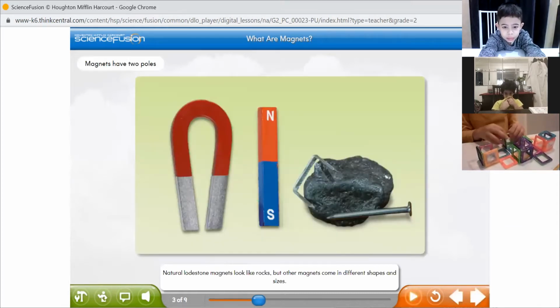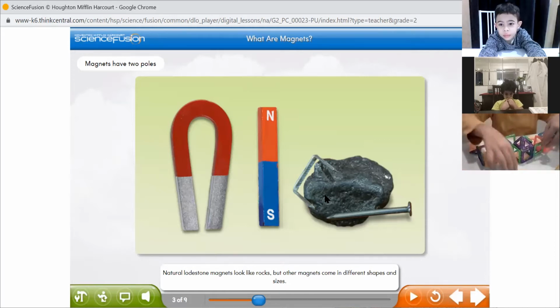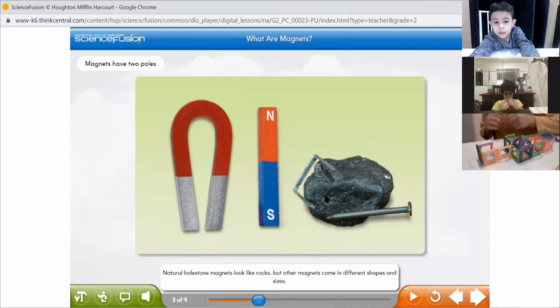So when I ask you what the natural magnet is, you will tell me a lodestone is a natural magnet. Again, what do we call the natural magnet? Excellent. It is the lodestone.